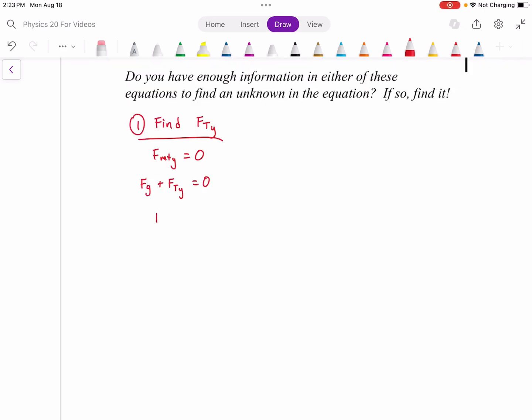So by subtracting Fg from both sides, we can see that Fty equals negative Fg. Hey, once again, the physics speaks to us through the math, right? What did we say? However hard gravity is pulling down, tension needs to be pulling up, right? So same magnitude, but opposite directions, opposite signs. That reminds me, before I go any further, I better make sure I define my negative and positive directions, okay?